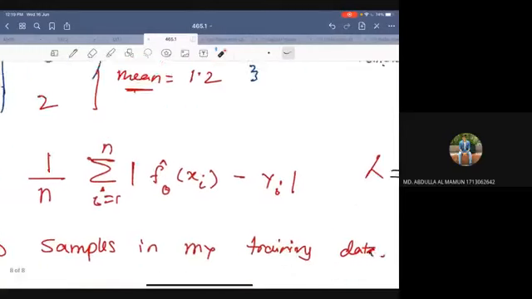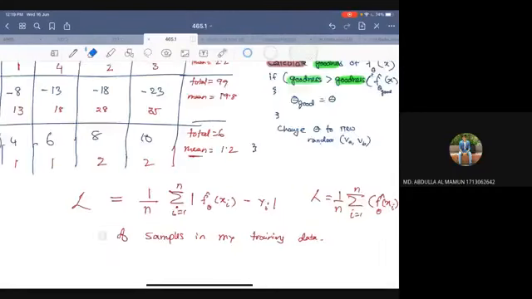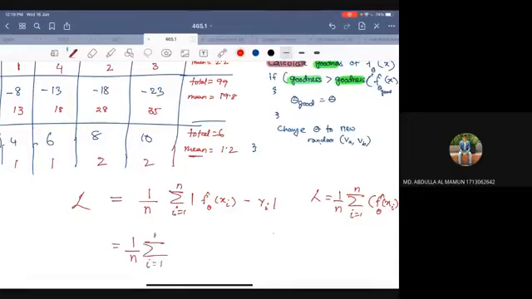This function can now be rewritten as 1 by n, i equals 1 to n, a xi plus b minus yi. Can I write it? Yes, sir.